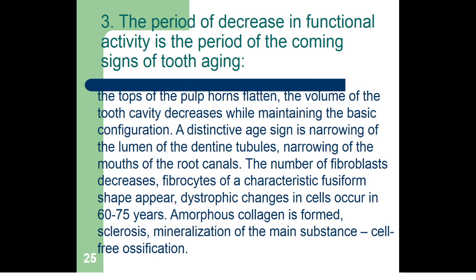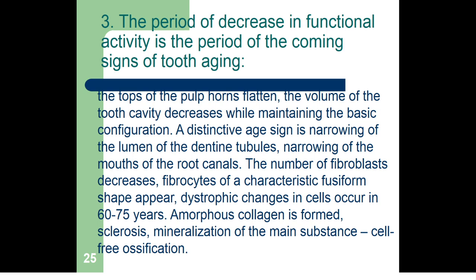The period of decrease in functional activity is the period of the common signs of tooth aging. The tops of the pulp horns flatten, the volume of the tooth cavity decreases while maintaining the basic configuration. A distinctive age sign is narrowing of the lumen of the dentin tubules, narrowing of the mouth of the root canals.